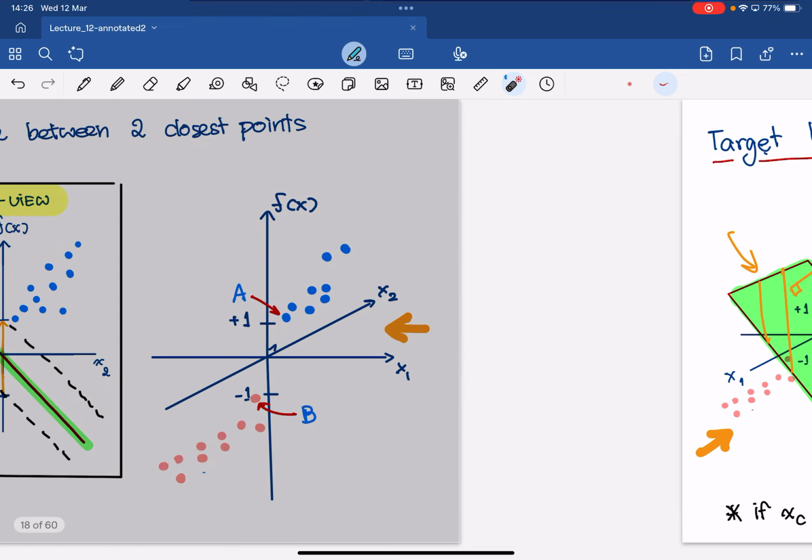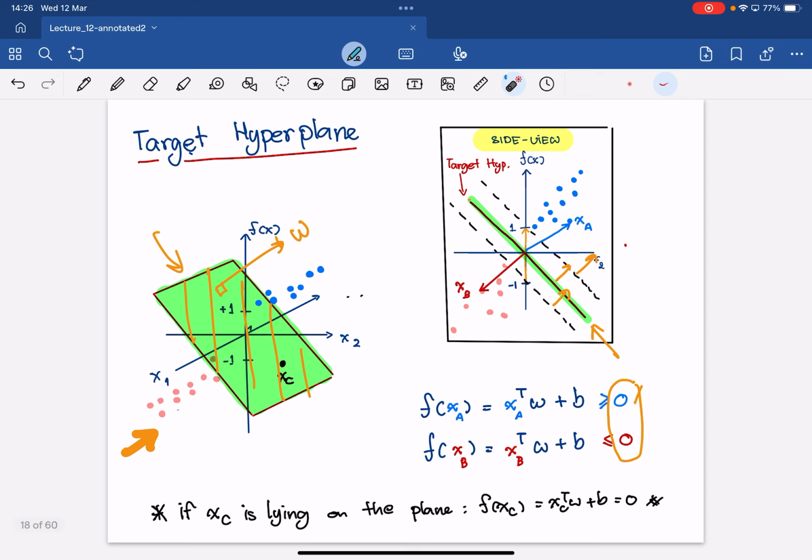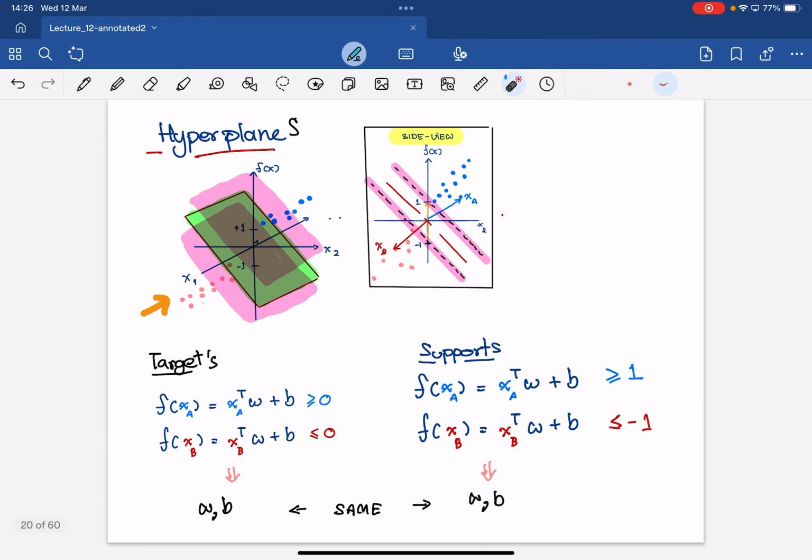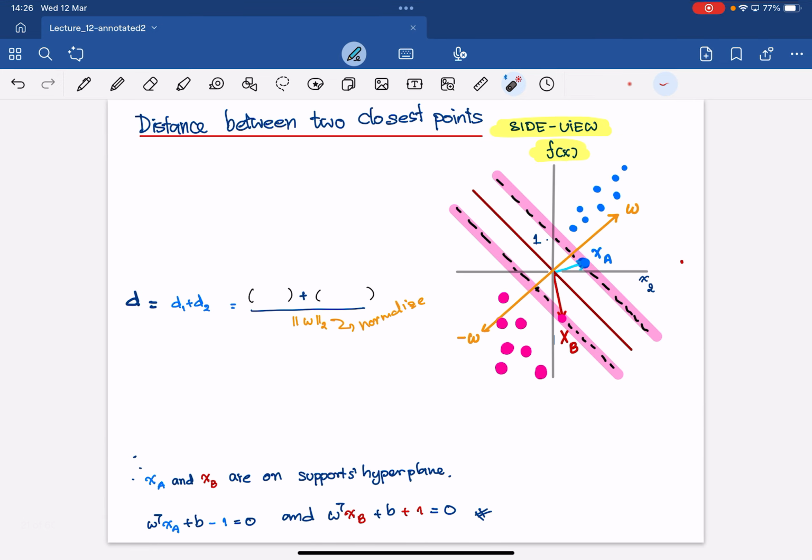So in order to find that distance, we will have to use some of its properties. Let's say point XA and XB here are the two closest points, and you want to calculate the distance that you want to maximize.